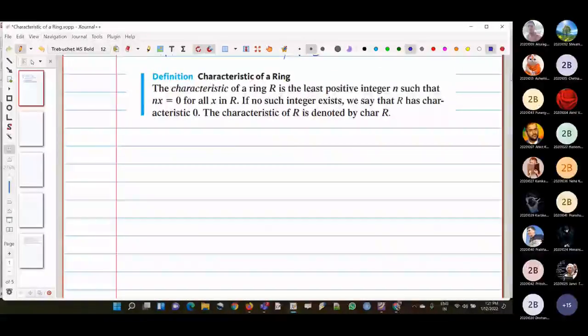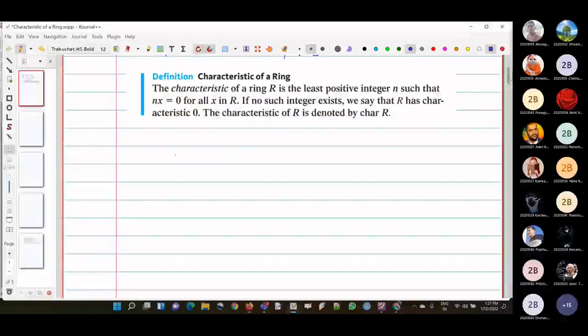So we search for the smallest n such that n times a equals 0, in the particular case of a. We don't say for all a. So for each a we get a different n; in some cases for different a, n may be the same. But here we are not saying that. This characteristic is a set-based property. It is unique for a ring. You can't say that there are many characteristics of a ring.